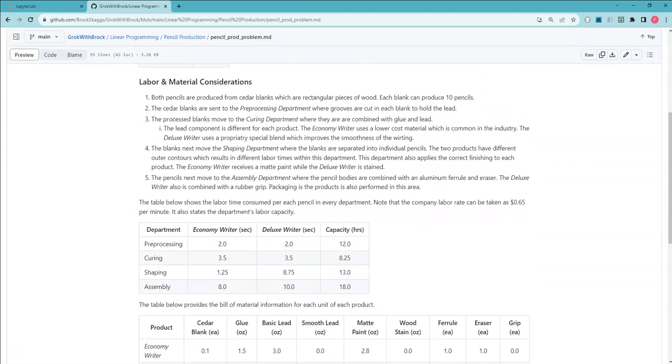So the labor cost, we have a little bit of a problem here, just because I've introduced 3 different types of time units for this description in the problem statement. I've got a labor rate, which is $0.65 or 65 cents per minute. I've got a capacity in hours, and I've got these individual time consumptions or burdens, if you will, in seconds there.